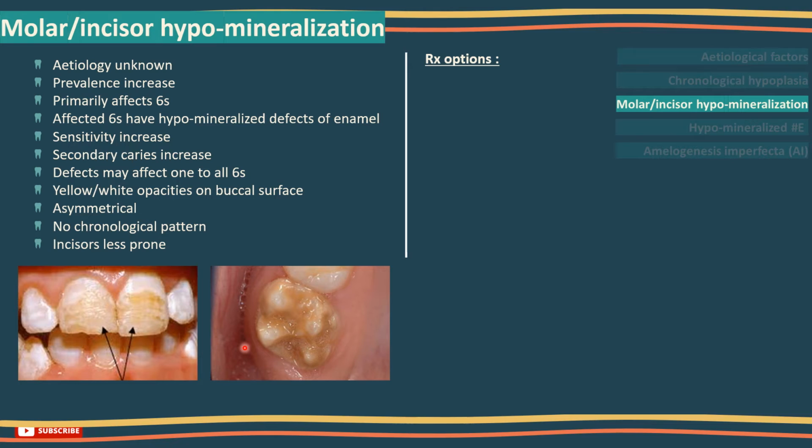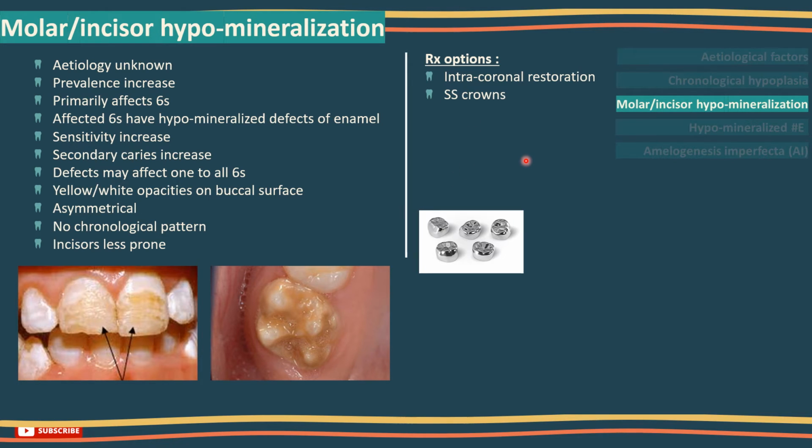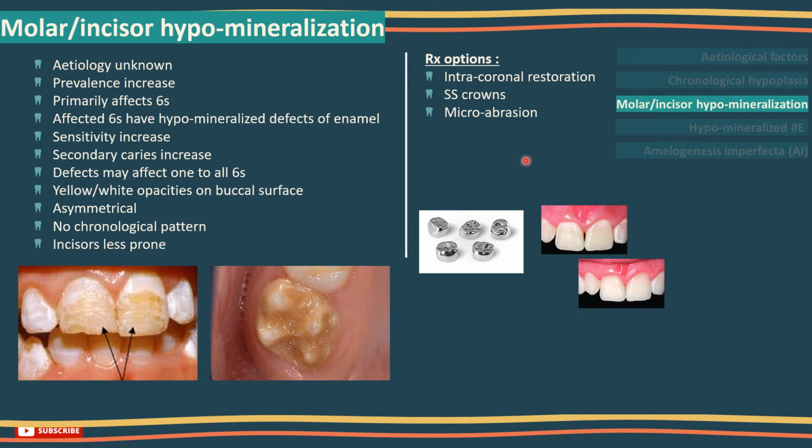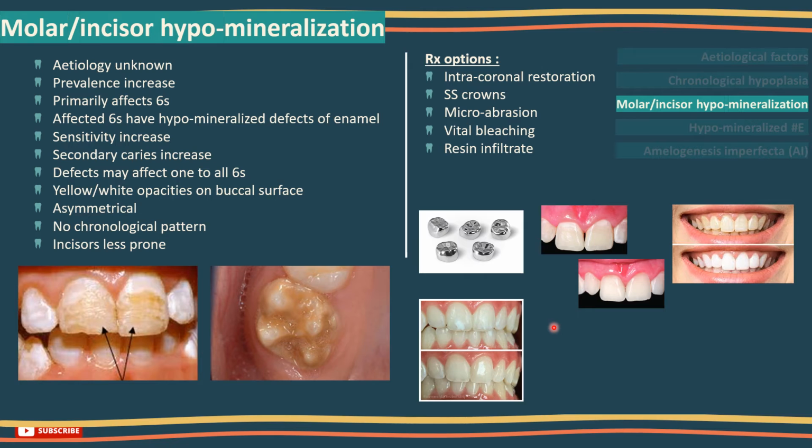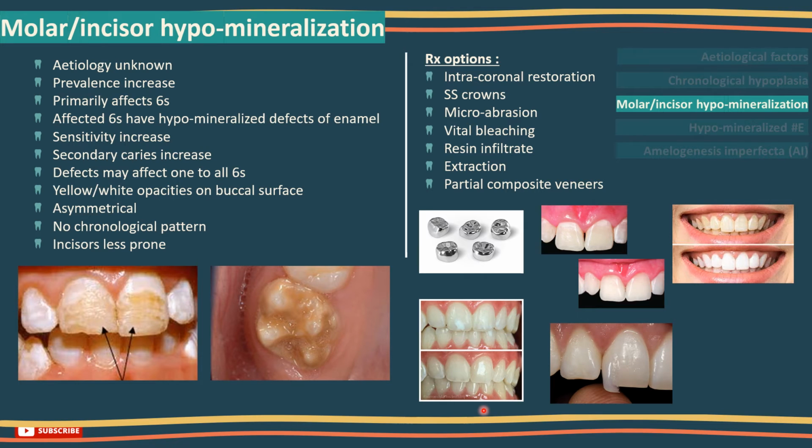Treatment options include intracoronal restorations, stainless steel crowns for children, microabrasion, vital bleaching, resin infiltrates, or extraction. Depending on aesthetics and prognosis, extraction of poor quality first permanent molars can be decided.